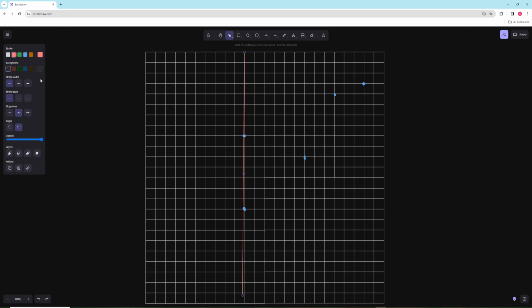Let's make it wider so it's easier to see. And where else do we have points? We have points right here, points right here, and a point right here.